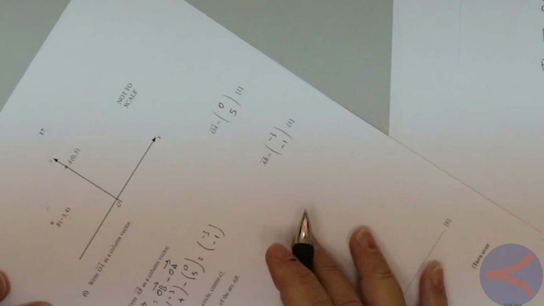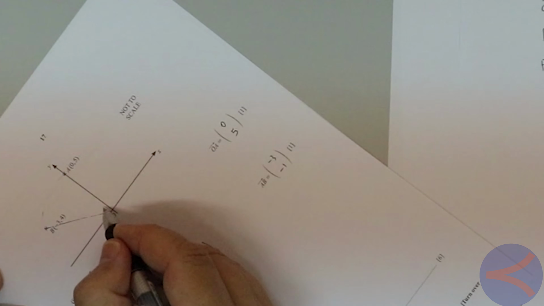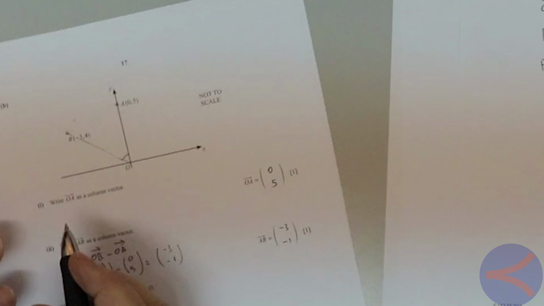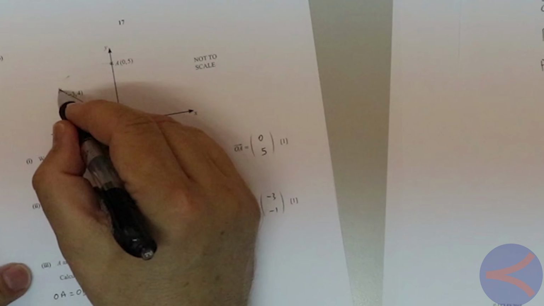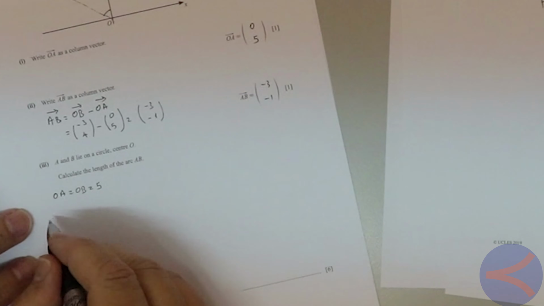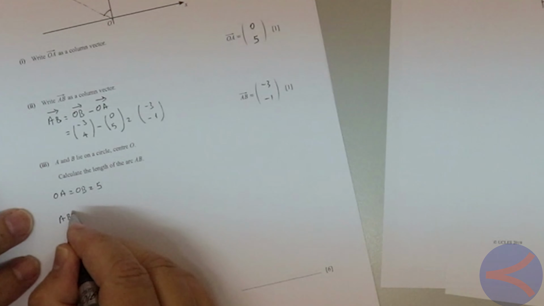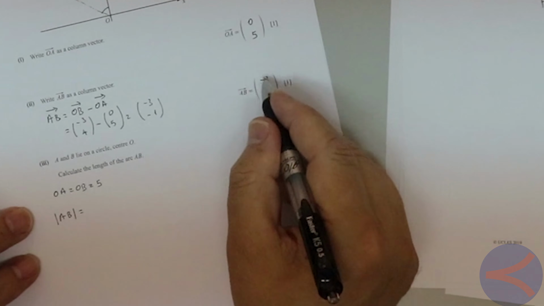Now, to find the arc length, we need to find this angle. For that, we need to find this length. Therefore, the length of AB is actually the magnitude of the vector AB. Vector AB is this.